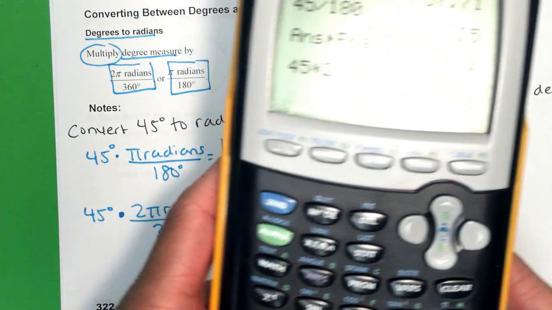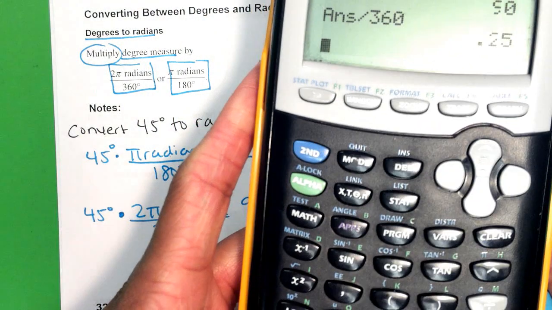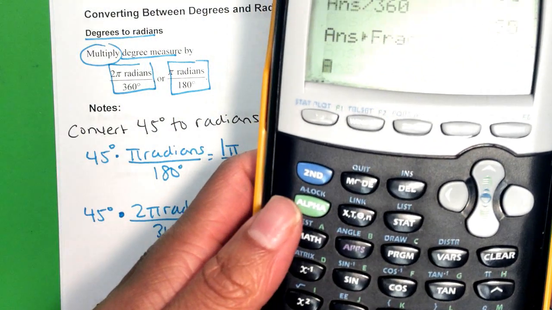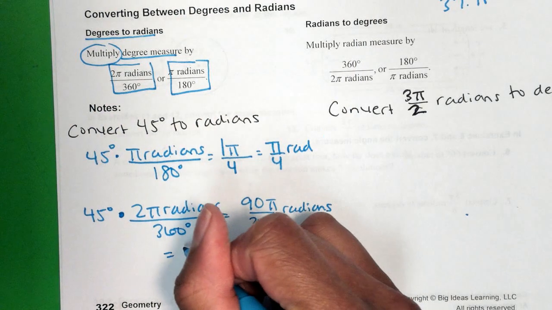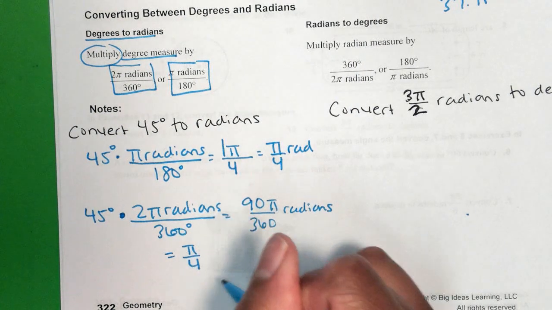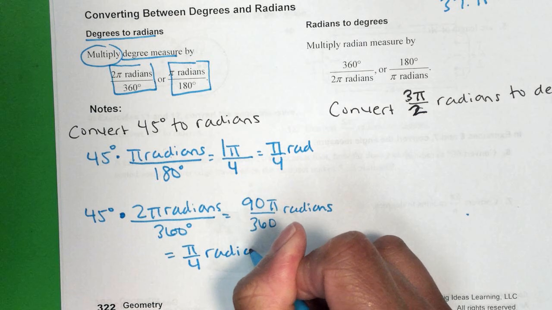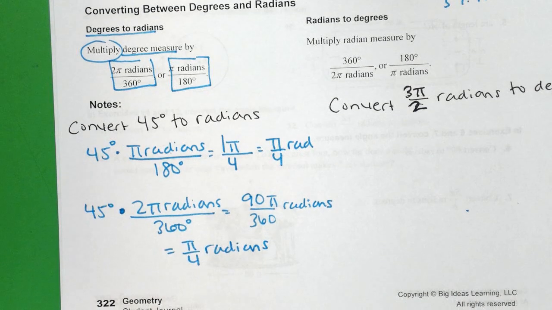And then 90 divided by 360 gives me 0.25 again, or as a fraction 1/4. So I do end up with the same answer, pi over 4 radians. And note, radians is usually going to have pi involved.